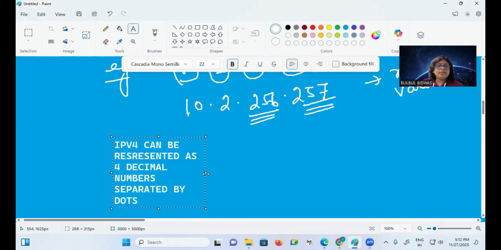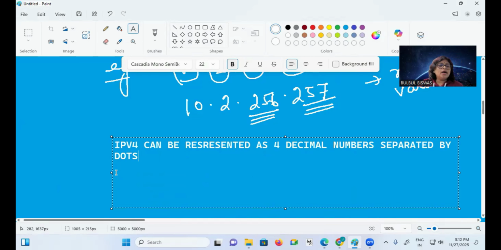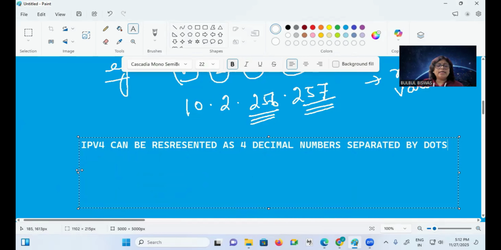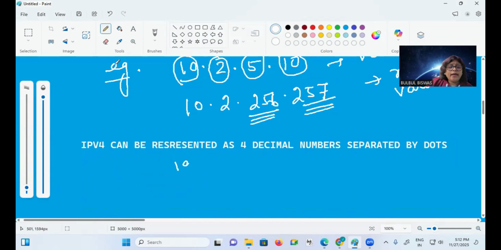How do we represent an IPv4 address? An IPv4 address can be represented as 4 decimal numbers separated by dots, like this. If I write 192.168.1.2, you see every octet is within 0 to 255.